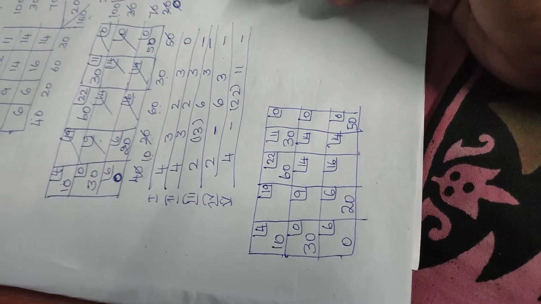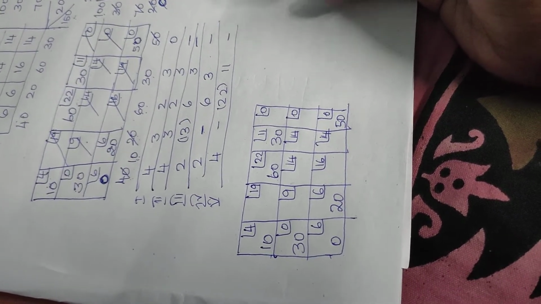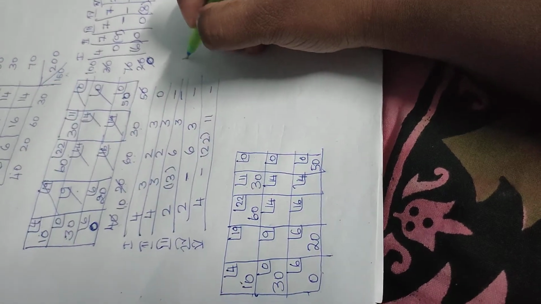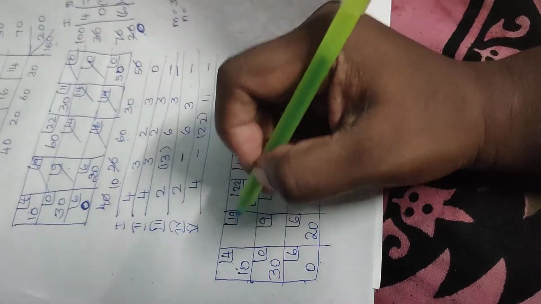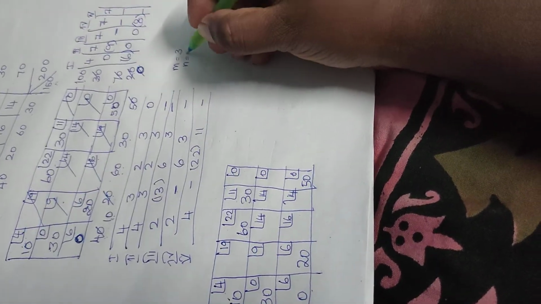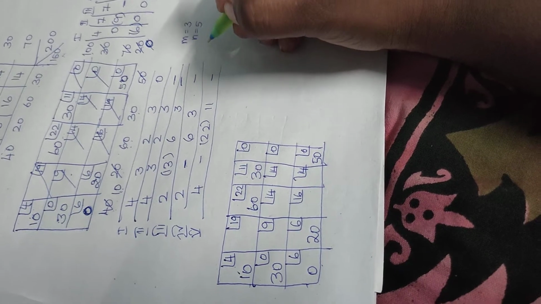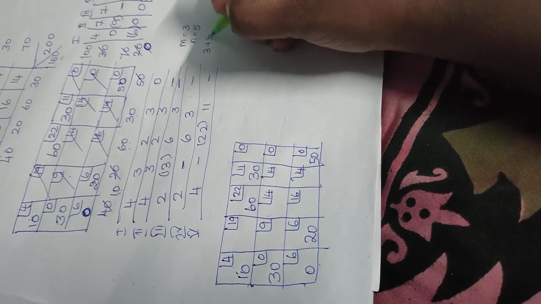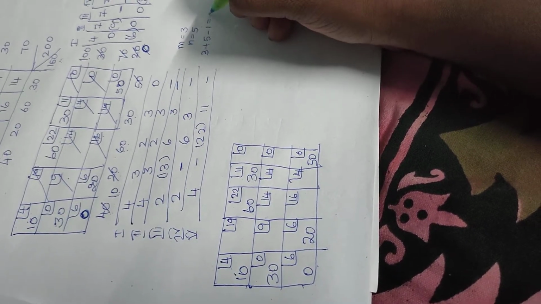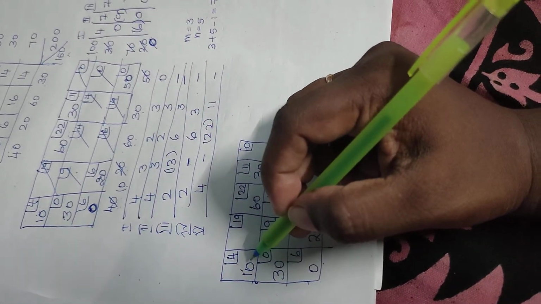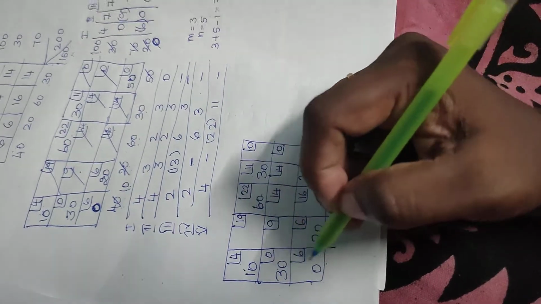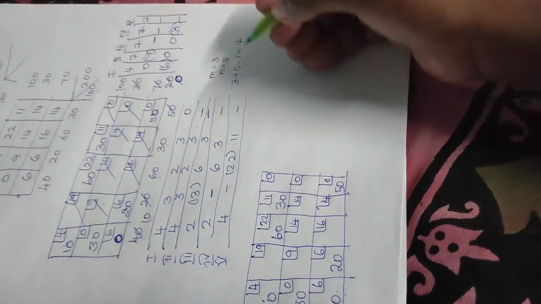Right. Now I've already told you we have checked for degeneracy. You have 1, 2, 3 rows. M is 3. N is 1, 2, 3, 4, 5. And M plus N minus 1 is 3 plus 5 minus 1, which is 8 minus 1, 7. And you check the number of allocations: 1, 2, 3, 4, 5, 6, 7.